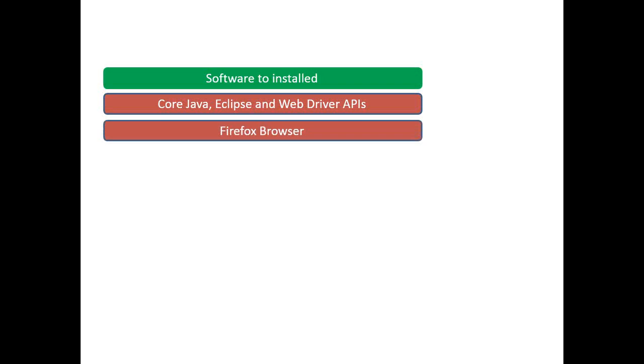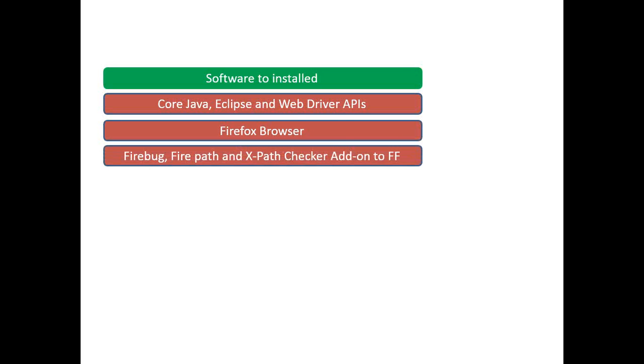We should have the Firefox browser. For execution purposes, yes, you can use Internet Explorer or Chrome, but for scripting purposes, let us use Firefox. And on top of Firefox, let us have Firebug, Firepath and XPath Checker as add-ons.